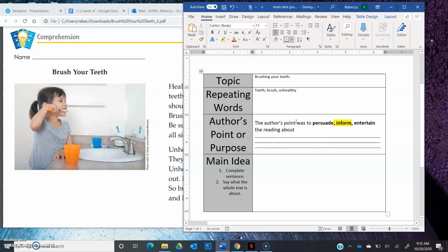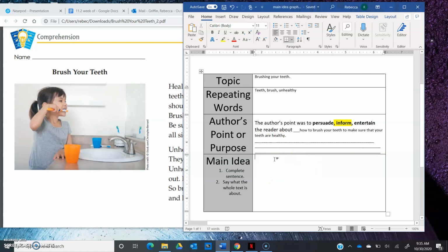So I'm going to write, the author's point was to inform the reader about how to brush your teeth to make sure that your teeth are healthy. Okay, so that is my author's purpose.